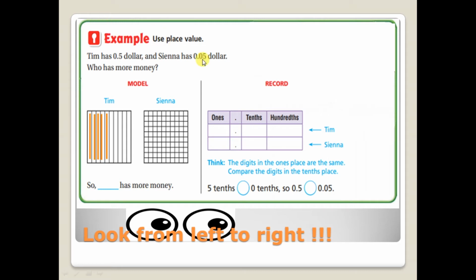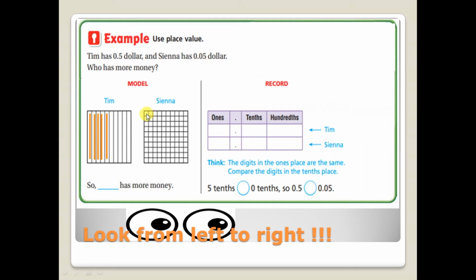Sienna has 0.05. This means 5 parts out of 100. And you know 100 means dividing the whole one into 100 small pieces. So 100 small squares, not lines like in this case. So I will color 5 hundredths, not 5 tenths.